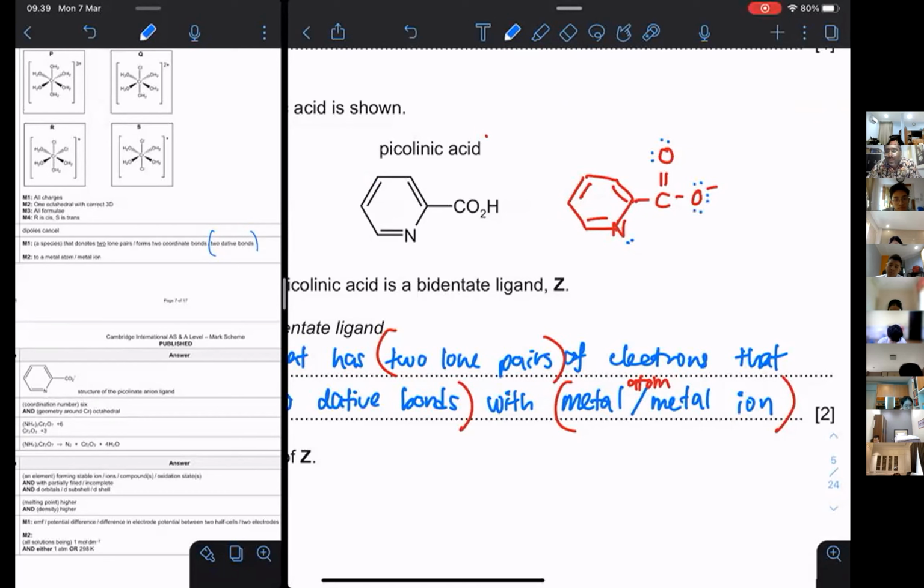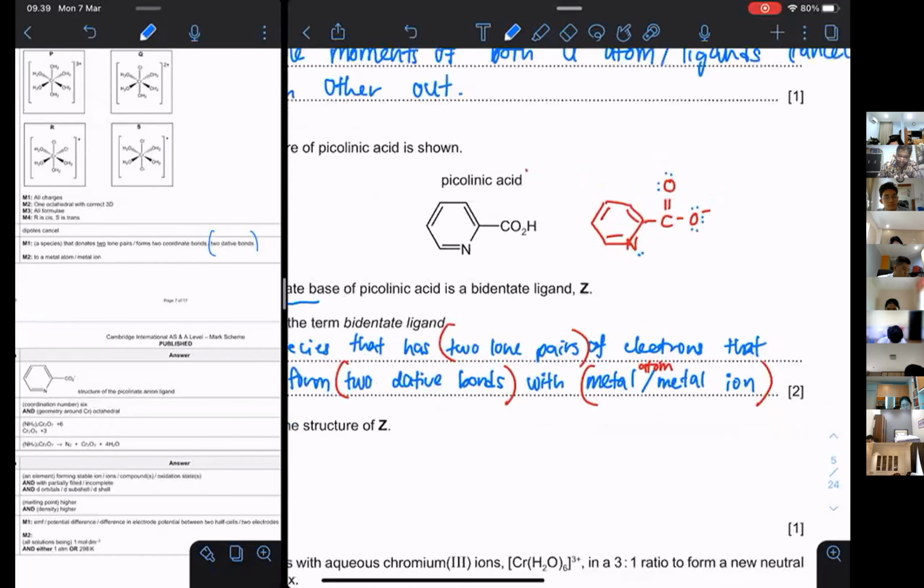So there are so many, unless they tell us which lone pair is being used. But just take note, there is also a lone pair at nitrogen. So let's move on.